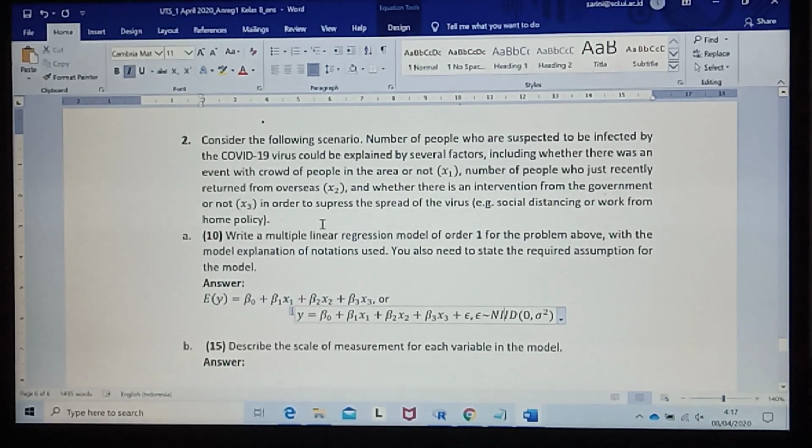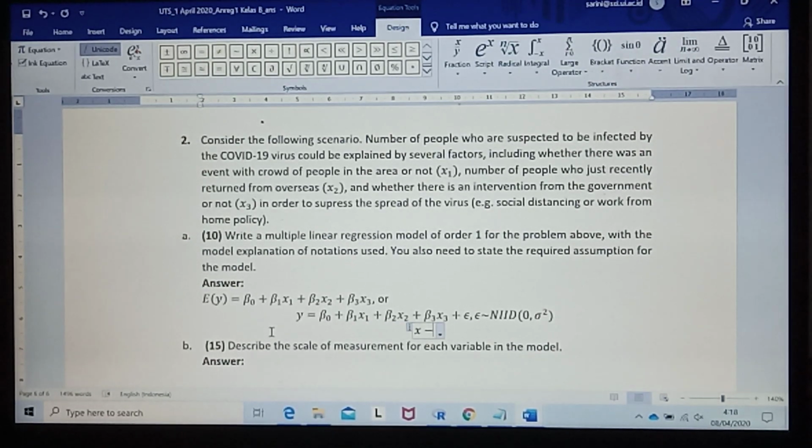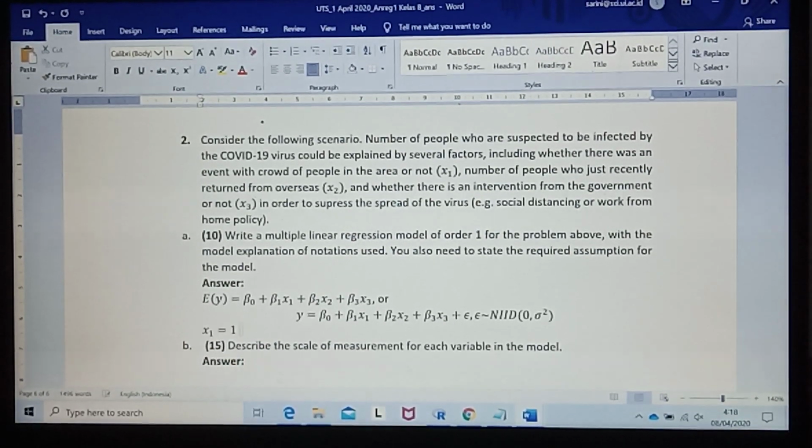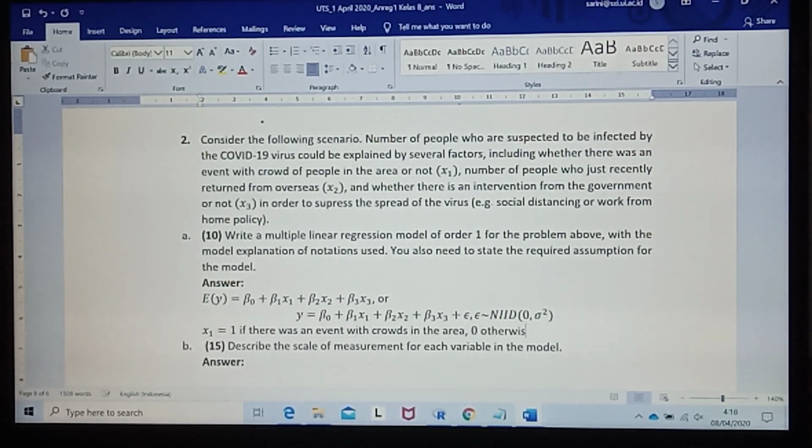Because X1 and X3 are on a nominal scale, I define X1 equals 1 if there was an event with crowds in the area, and 0 otherwise.